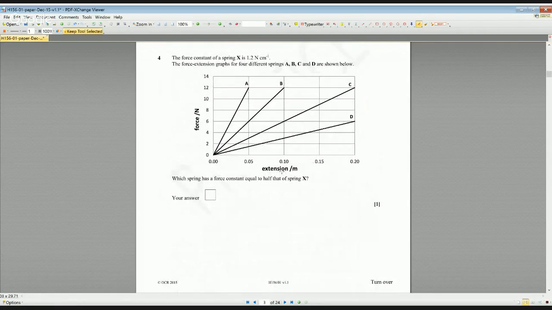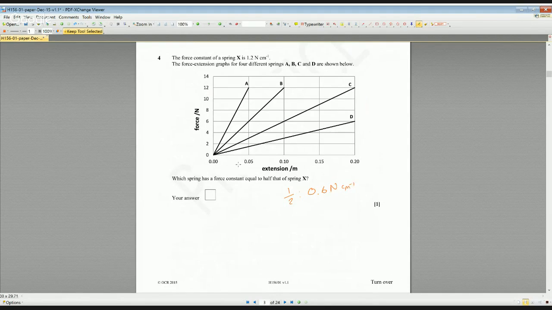Moving on to question number 4. The force constant of a spring is 1.2 newtons per centimeter. And we've got 4 other spring characteristics here, the force extension graphs for 4 other springs. We need to say which one has a force constant that's equal to half of spring X. So half of spring X would be 0.6 newtons per centimetre.